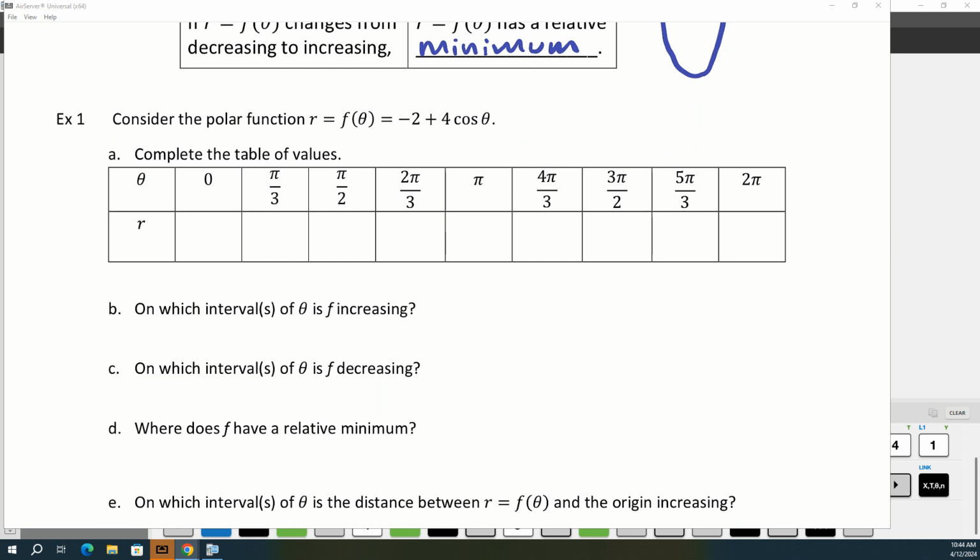Your answers are going to be integers, so no weird fractions or decimals. No calculator today. Just use your unit circle.